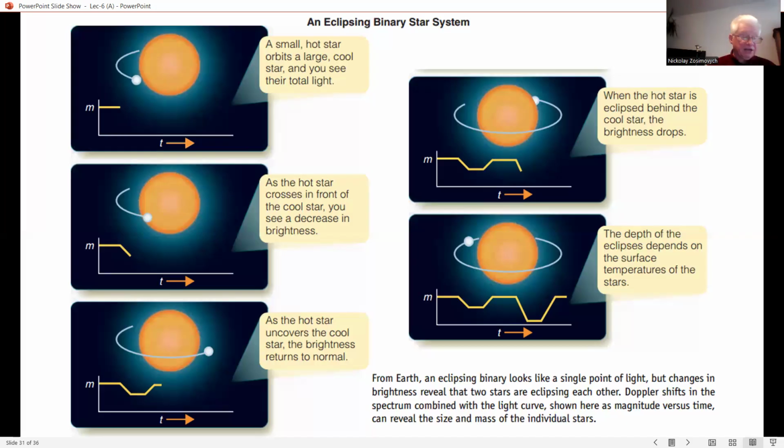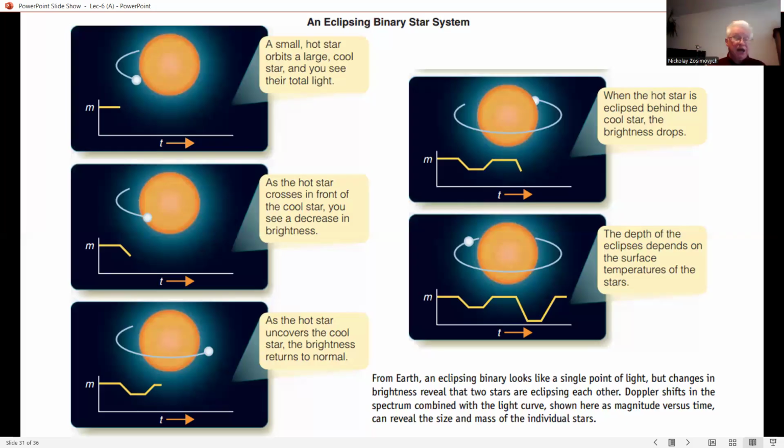The resulting variation in the brightness of the system is shown as a graph of brightness versus time, a light curve. Remember, you can't see the individual stars in an eclipsing binary system. Cover the stars in this figure with your fingers and look only at the light curves.